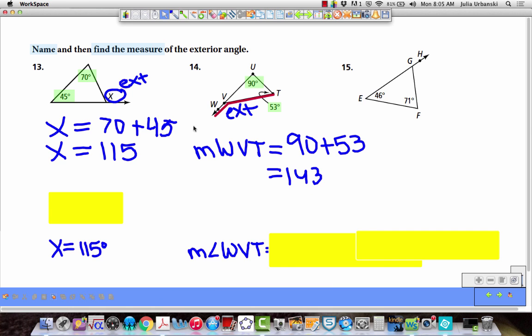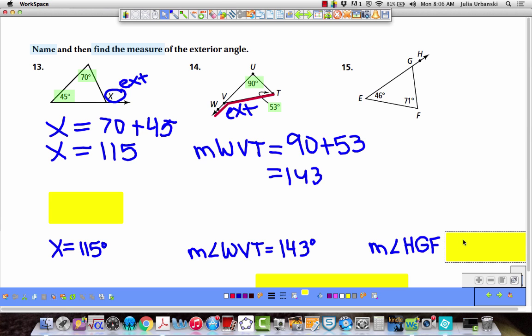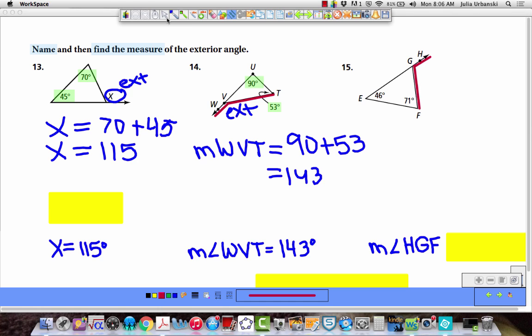Alright, try number 15. The angle that they want you to find is angle HGF. That one's the angle on the outside that they want you to find.